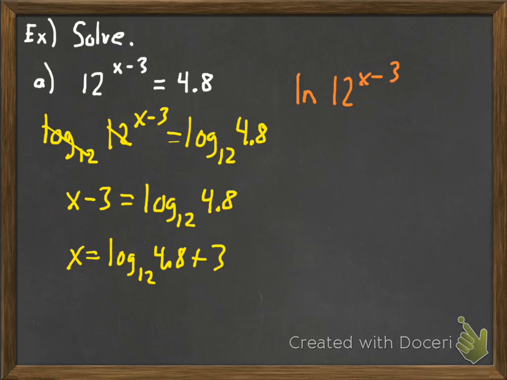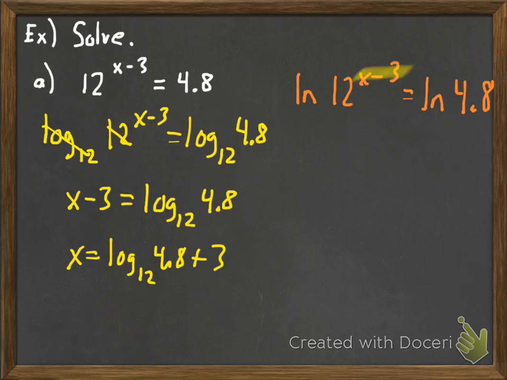So the natural log of 12^(x-3) is going to equal the natural log of 4.8. Now, a disadvantage seemingly to this is that 12 and the natural log don't cancel because the bases right there are not the same as one another. However, it doesn't prevent us from getting x by itself because we now know some properties of logarithms that we didn't know before that are going to allow us to get this exponent so that it's no longer an exponent.